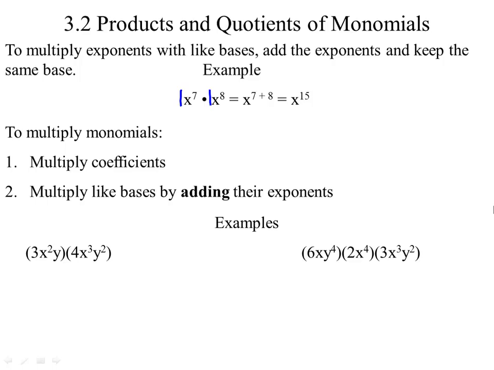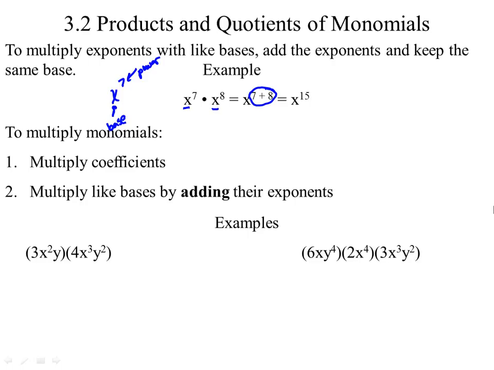If you multiply like bases, because remember, when we have a power, x to the 7th, your base is here, and your power is here. So when you multiply powers with like bases, all you're going to do is add the exponents. So x to the 7th times x to the 8th is x to the 15th. You're just adding those exponents.